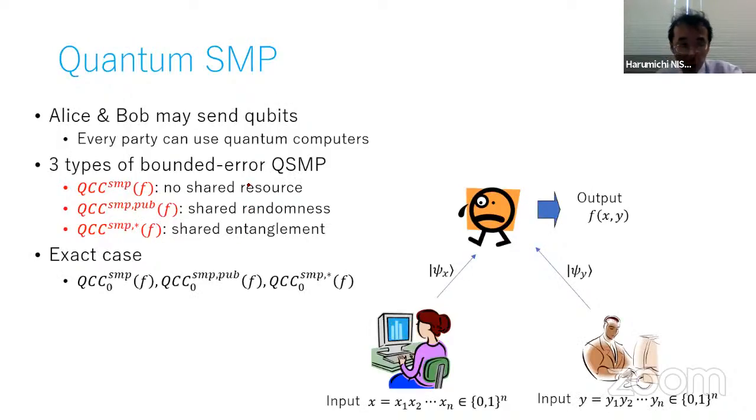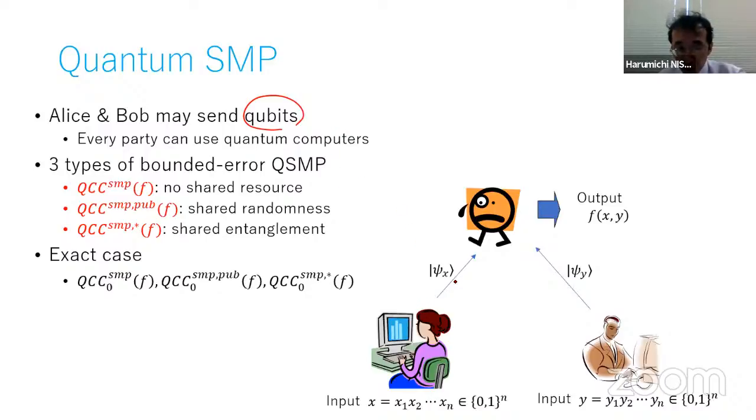In this talk, our result finally is the quantum case. So now I explain the quantum SMP model. In this case, Alice and Bob can send quantum bits. And of course, every party can use a quantum computer.